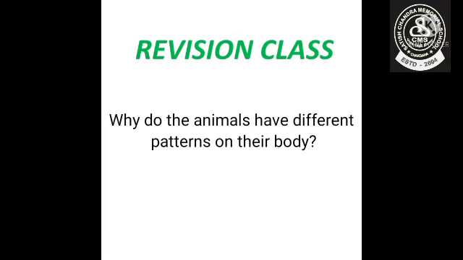Okay, children. Now another question. Why do the animals have different patterns on their body? Yes, children, as we understood in the chapter "Year to Year", the patterns on animals' bodies.